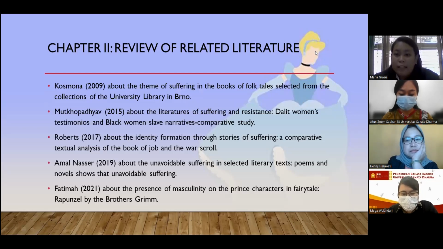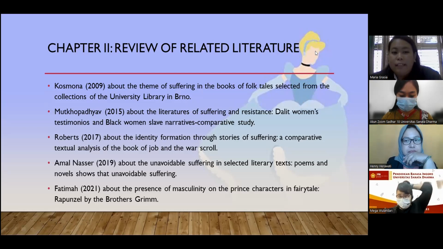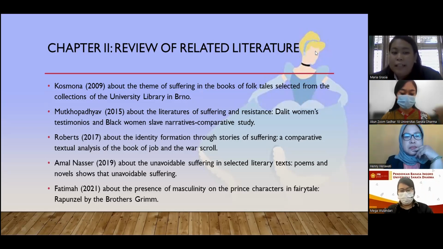The first one, Cosmona 2019, about the theme of suffering in the books of folk tales selected from the collection of the University Library in Brno. The second one, Tovadiev 2015, about the literature of suffering and resistance: Black women's testimonies in life narrative, a comparative study.